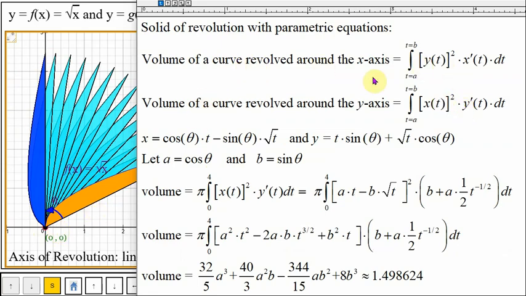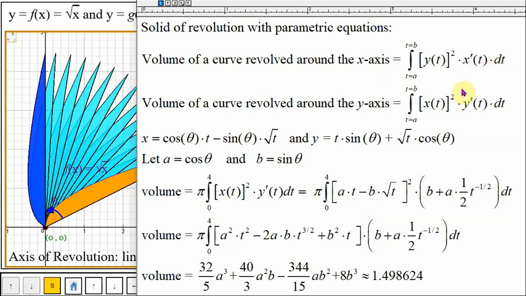For the volume of a curve revolved about the x-axis, it would be the integral of y of t squared times the derivative of x of t.